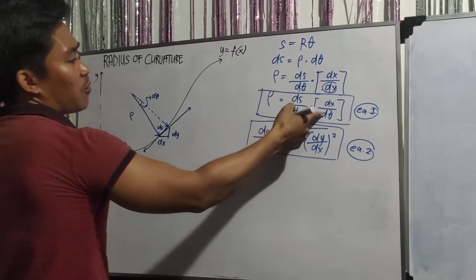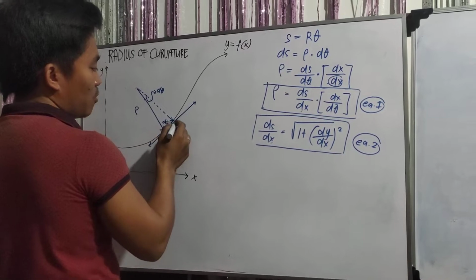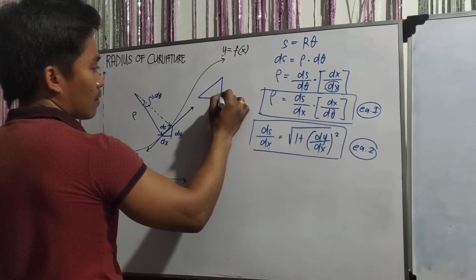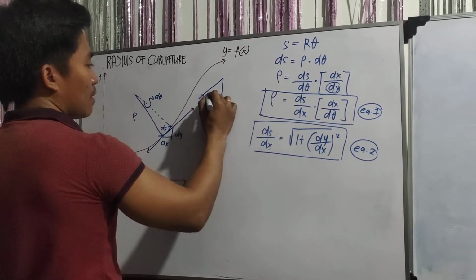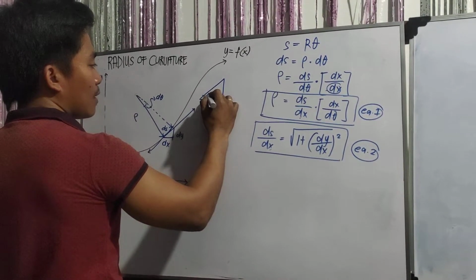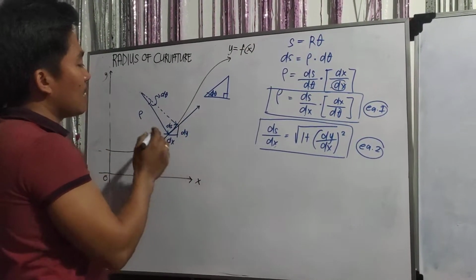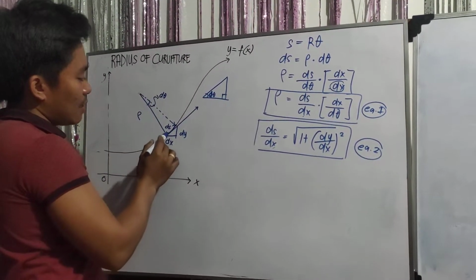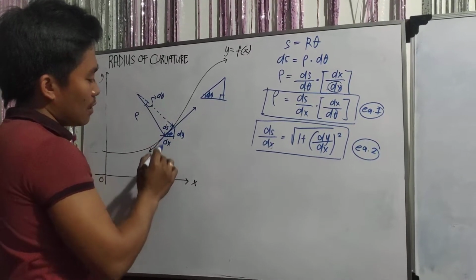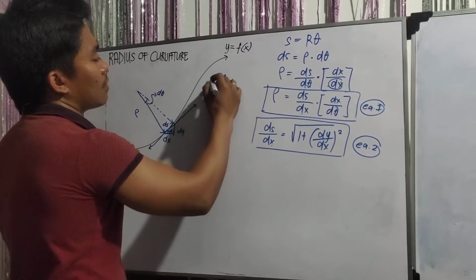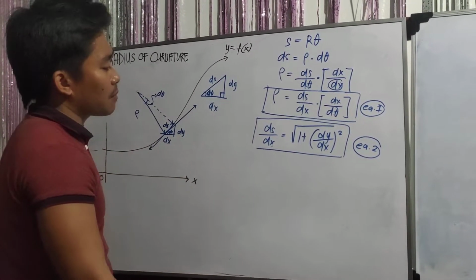So, how do we get that? Again, let's zoom in on this. Okay? This is d theta. Right? But you may get confused about where this d theta comes from. Actually, if this is d theta, this is also d theta. Okay? So this is dy, this is dx, and this is ds.